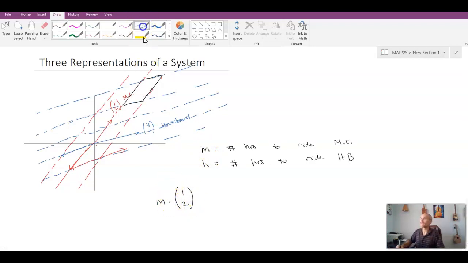For instance, if m was 2 hours, I would travel 2 miles east and 4 miles north, because for every 1 mile I travel east, I travel 2 miles north. And then for the hoverboard, we're going to travel h hours, and for each of those h hours, we travel 3 miles east for every 1 mile north.